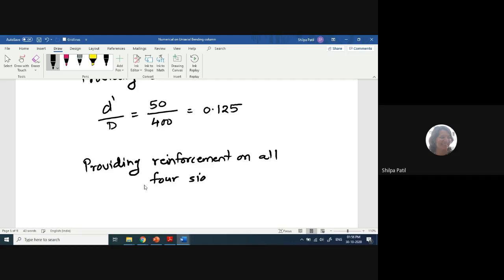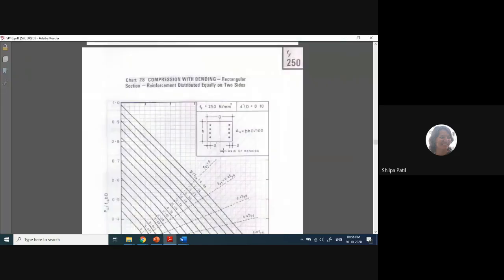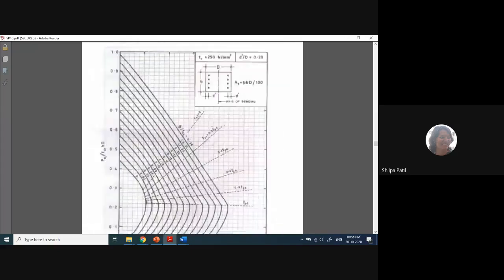It means I'm providing the reinforcement uniformly along all the sides. I'm not placing the reinforcement along two sides only, that is along the shorter width of the column. So this will not be our case. I'm providing the uniform reinforcement.